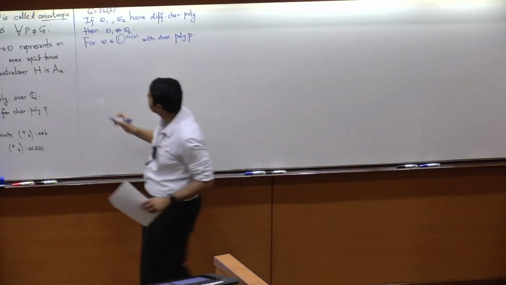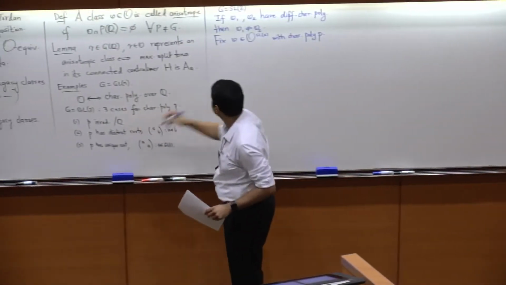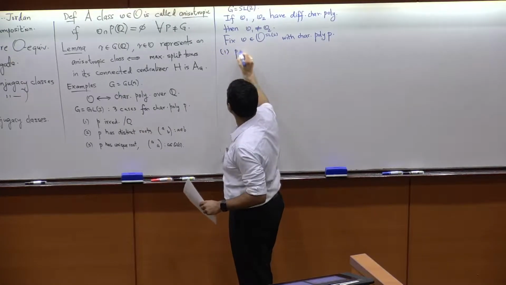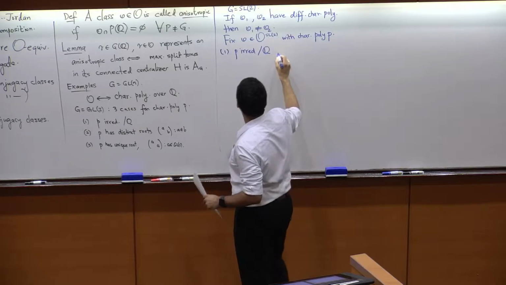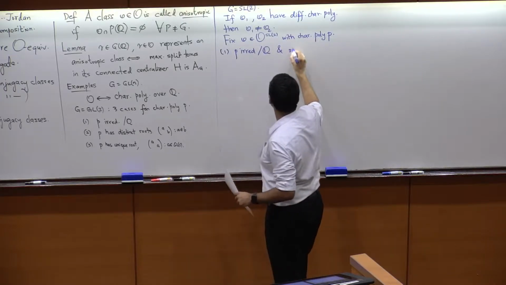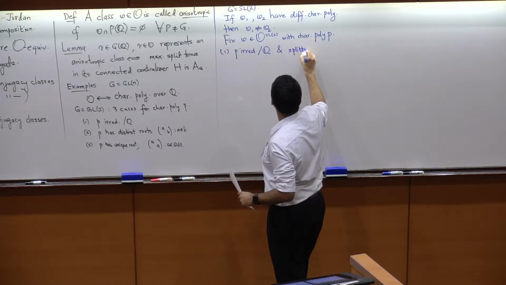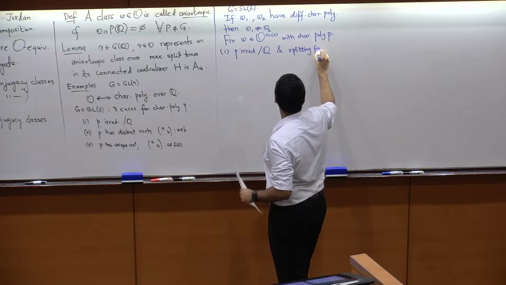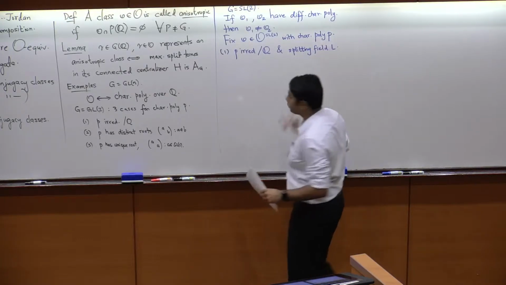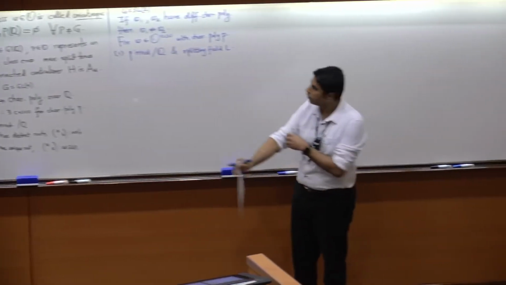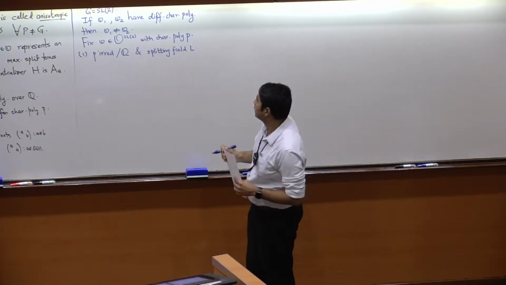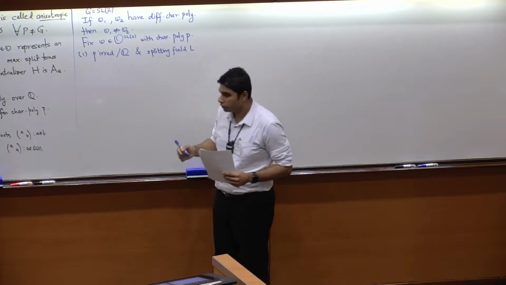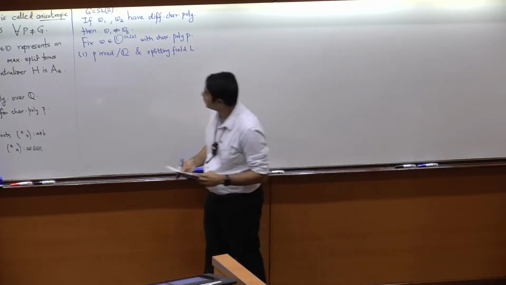And the first case is the first case here, which is that P is irreducible over Q and the splitting field is L. So L is a quadratic extension of Q, and P has distinct roots inside L. So the roots necessarily have to be distinct.